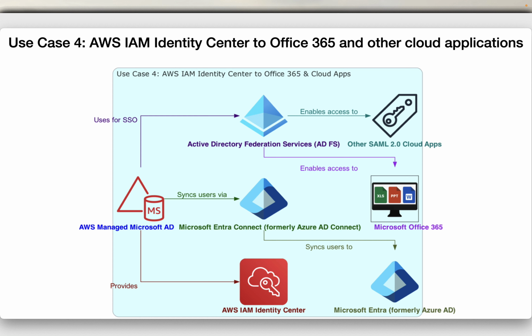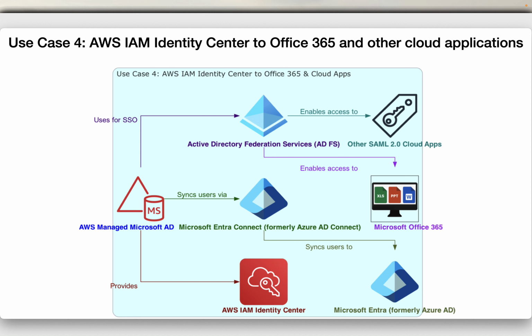You can use Microsoft Entra Connect, which was formerly known as Azure Active Directory Connect, to synchronize your users into Microsoft Entra, formerly known as Azure Active Directory, Azure AD, and then use Active Directory Federation Services, ADFS, so that your users can access Microsoft 365 and other SAML 2.0 cloud applications by using their Active Directory credentials.